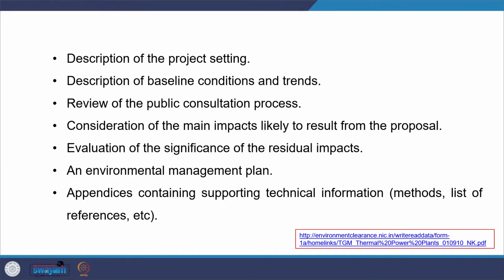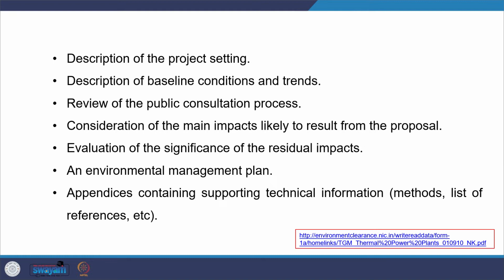So when you are comparing, you have looked at all the possible alternatives before you came to one particular solution. And then your report should also provide a description of the project setting, including the relationships, which you saw in the notification 2006 structure, a description of the baseline condition, as well as what kind of input you got from the public consultation process.